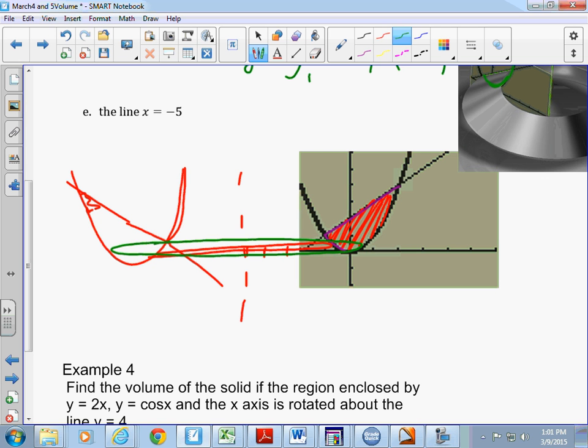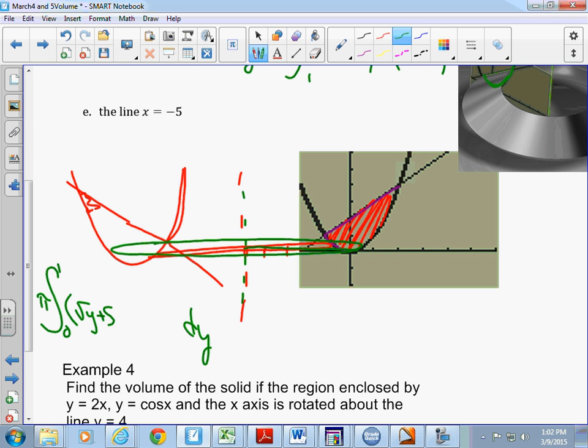Okay. So I'm going to do my integral from 0 to 1, pi times the outside radius, and this is still a dy. I didn't explain why it's a dy. Are y'all okay with that part? Why it's dy? 0 to 1 of the outside radius, which would be the right-hand curve, square root of y, minus the left-hand curve, right, to get the radius, that distance, minus 5.